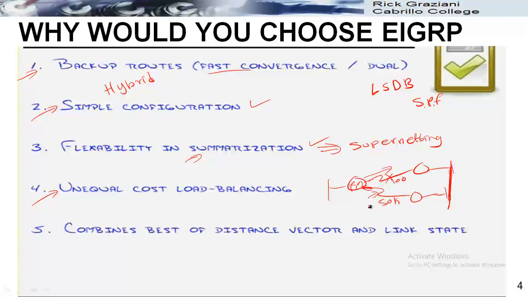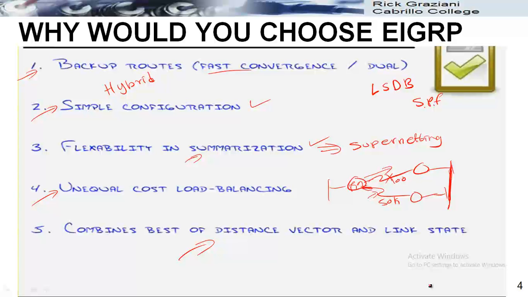This link will have zero activity, and you see there's a link that you're paying every month for that's not being used. So with EIGRP you can configure it to do equal cost load balancing. And I think this is what I said, it combines the best of distance vector and all that.